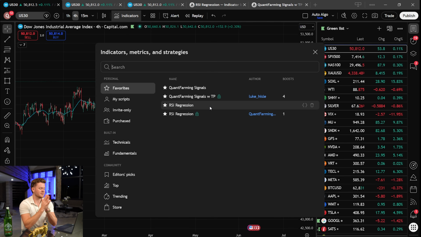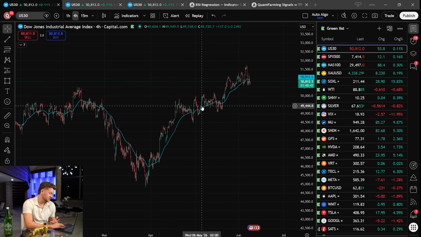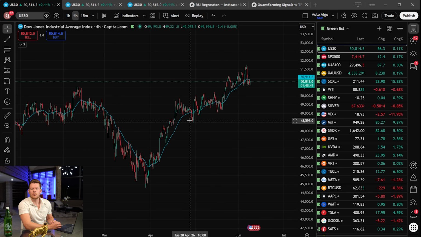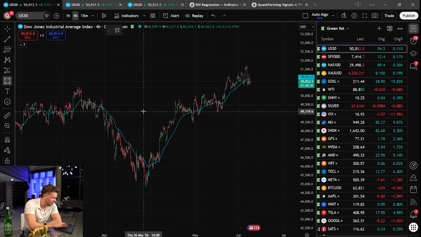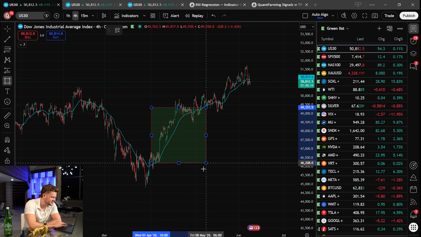Now, let me tell you this, if we're in a nice big uptrend like we just essentially identified right here, what's the goal within that uptrend? Well, the goal within this uptrend is going to be finding opportunities to buy.